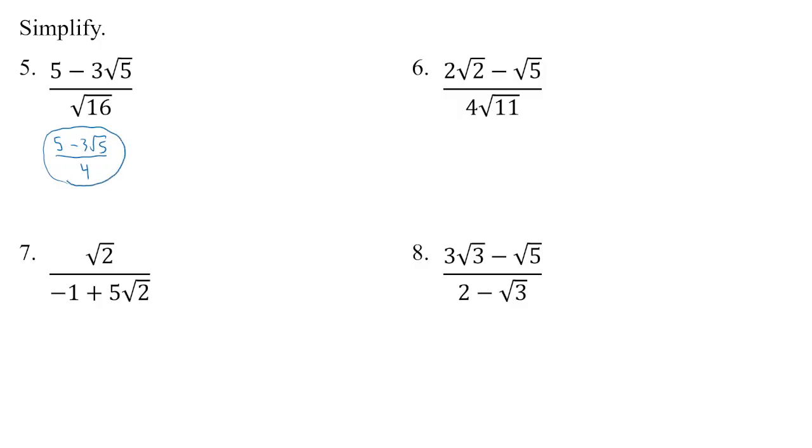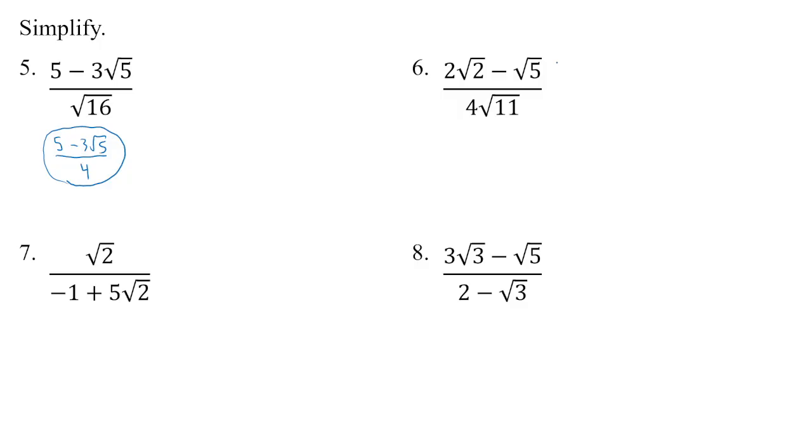Therefore, this will be your solution. Now, let me say this before I go any further. The ideal is not to have a square root in the denominator. Well, if you see number 6, we have a square root in the denominator, which is the square root of 11.